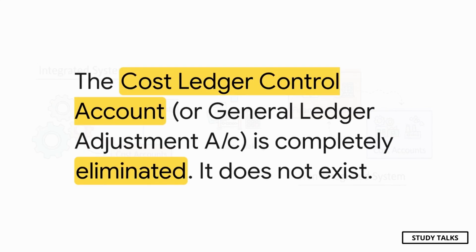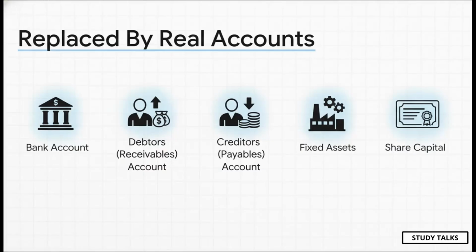So what is the single biggest change? The one thing you need to remember? That super confusing abstract account we just spent all that time on, the cost ledger control account, in an integrated system, it's gone. It just doesn't exist. It is completely eliminated. And that makes life so much simpler. So you're probably asking, if that big account is gone, what do we use instead?